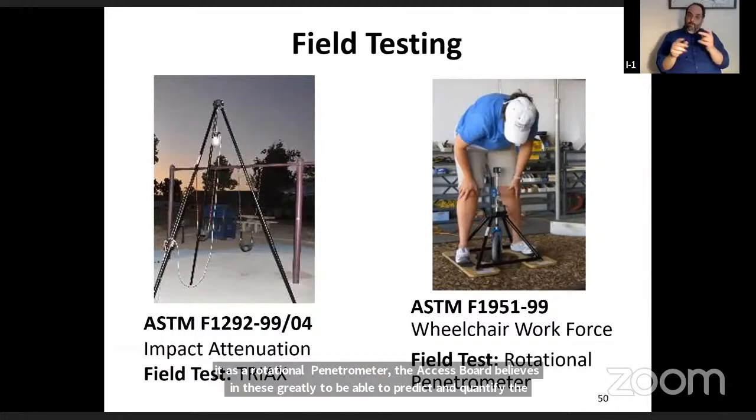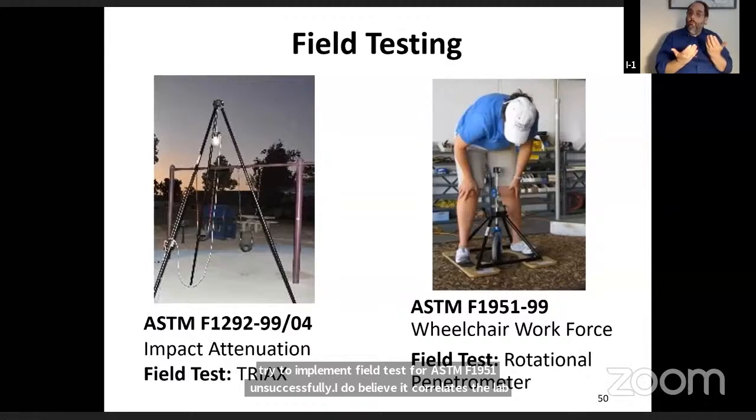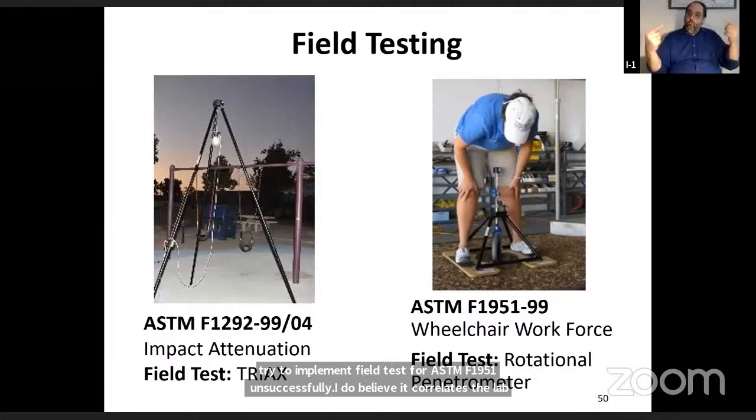We've worked with ASTM now for 20 years to try to implement the field test for ASTM F1951 unsuccessfully. I do believe it correlates to the lab tests very closely through all the information that I've read and been a part of in any of the correlation testing, but it's still not there.